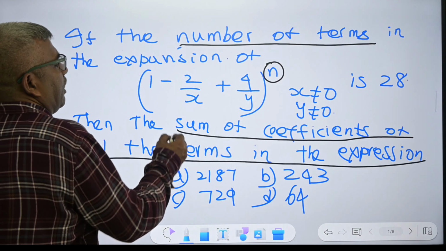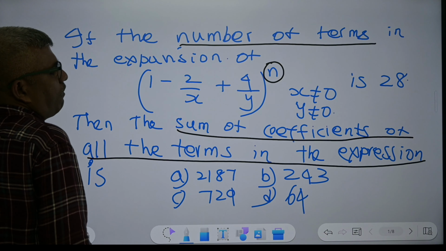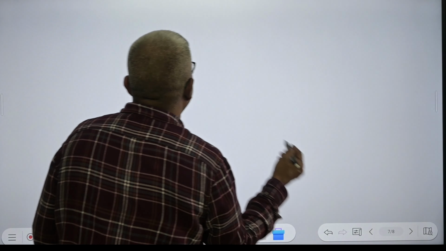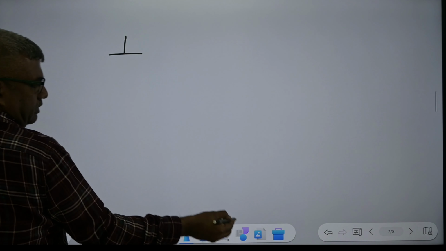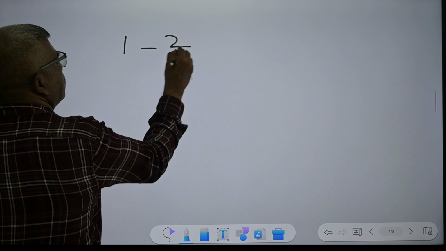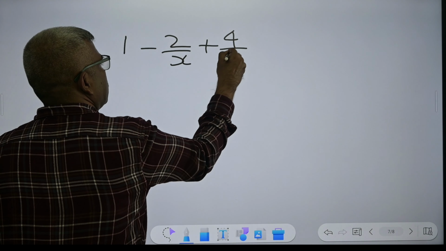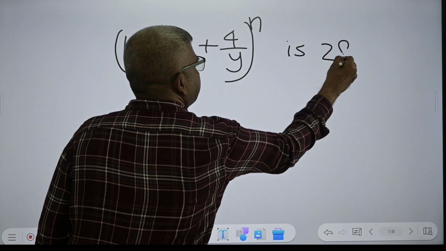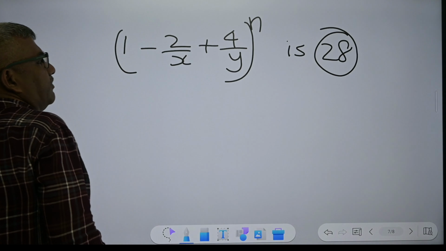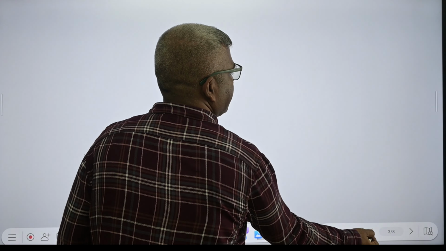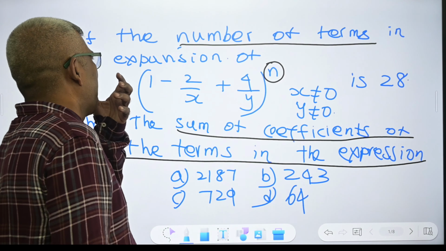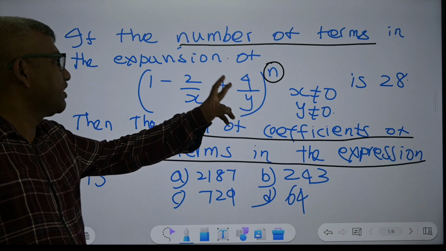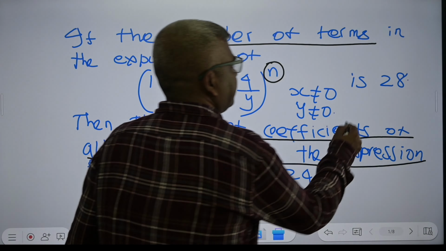Now the question is: the number of terms in the expansion of (1 minus 2 over x plus 4 over y) to the power n is 28.